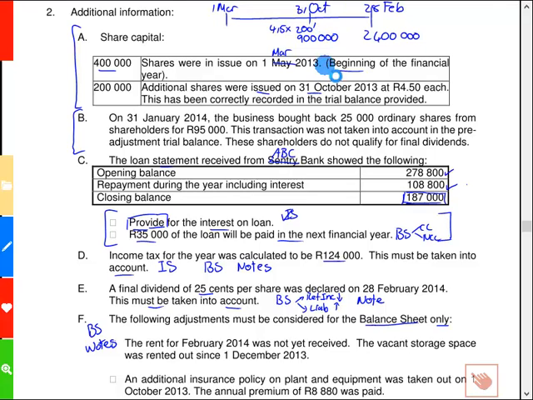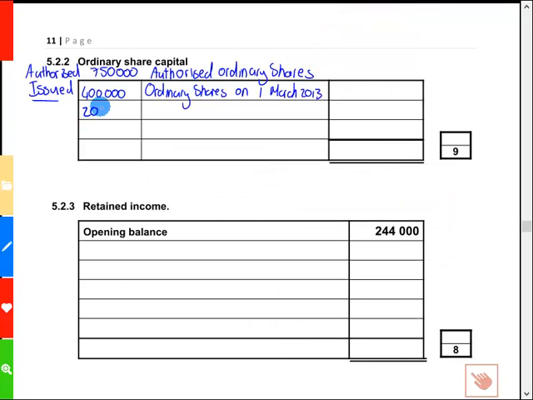Okay, so we can fill in that we issued 200,000 shares, and this is going to be 900,000.